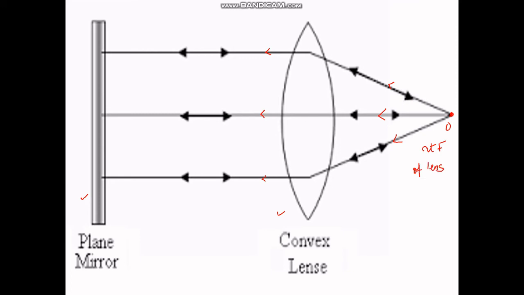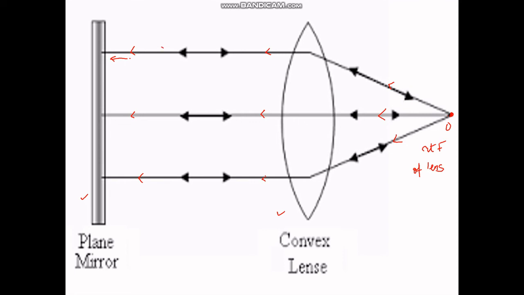So when the object is at the focus of the lens, the light beam which falls on the lens after refraction will become parallel. Since this is parallel, it will fall normally on the mirror. A light ray which falls normally on the mirror retraces its path.